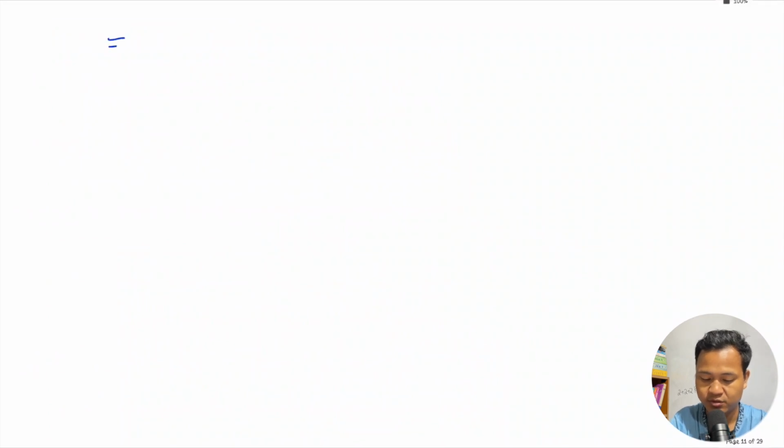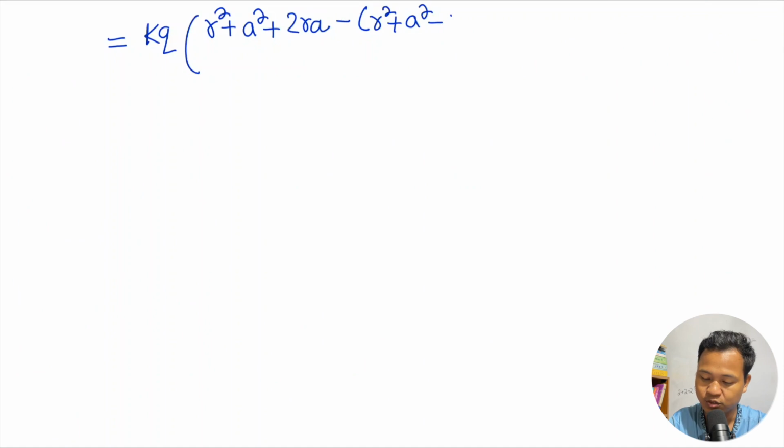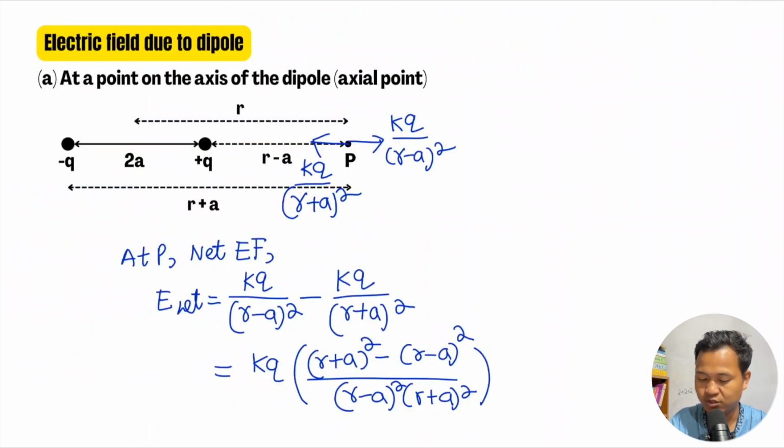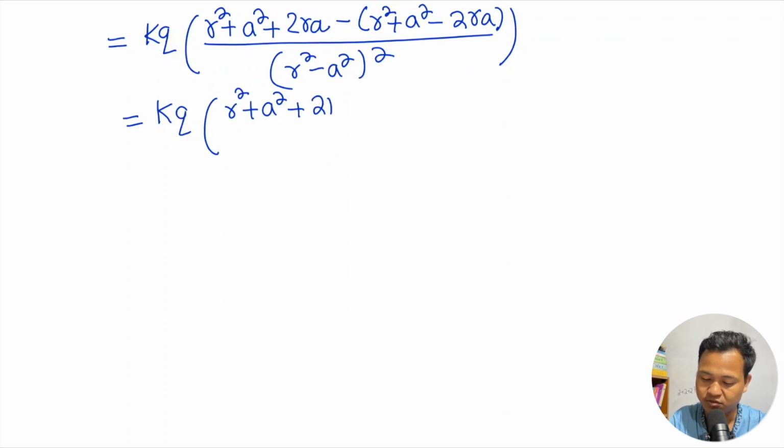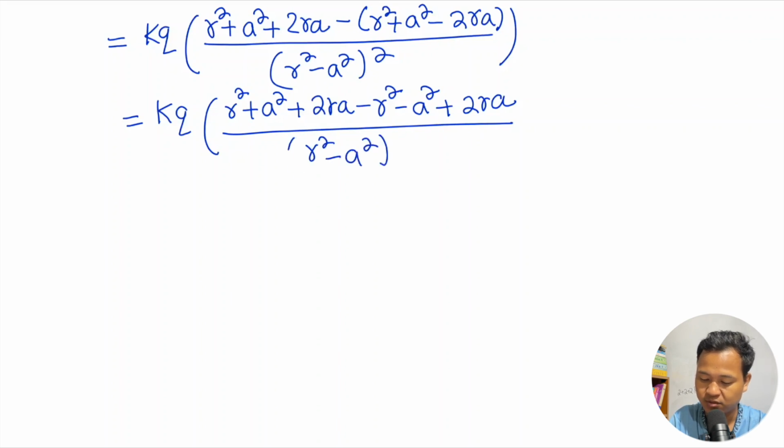So what will you have? KQ into R square plus A square plus 2RA, minus R square plus A square minus 2RA, divided by R square minus A square the whole square.